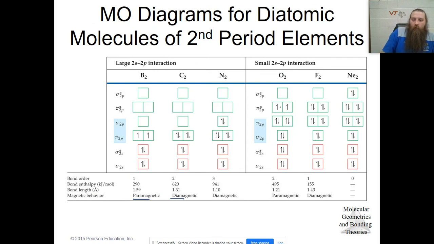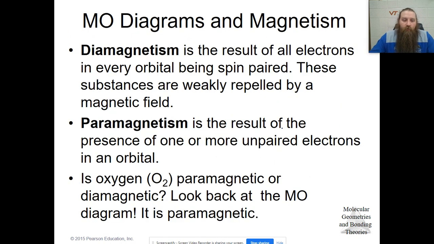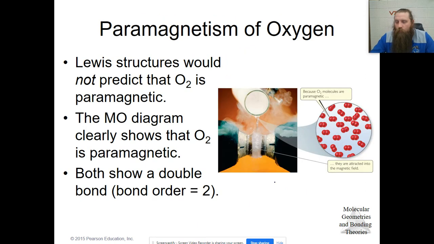Well, when we look at oxygen, we can see that we have some unpaired electrons. They don't have that down spin. And so we would say, oh yeah, it's paramagnetic. It has one or more unpaired electrons. Now, this is an advantage over a Lewis structure, because a Lewis structure would not predict oxygen is paramagnetic, but the molecular orbital diagram shows that it is. And in paramagnetism, you are attracted to the magnetic field.